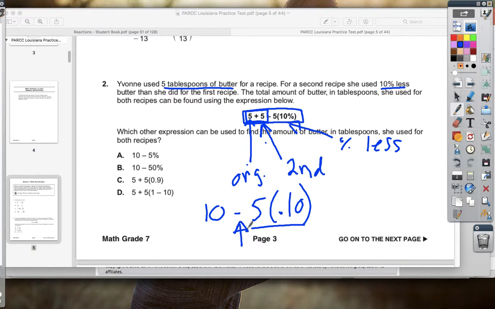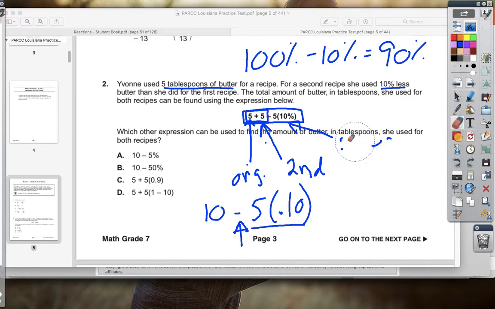So if I'm going to subtract 10%, if I start with 100% and get rid of 10%, I'm actually keeping 90%.